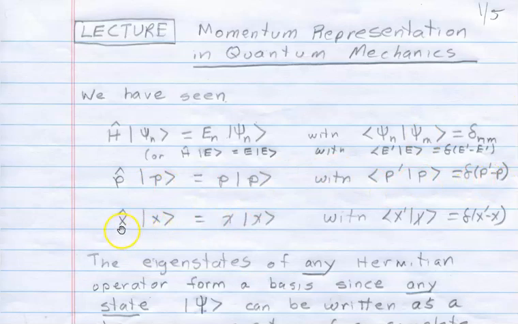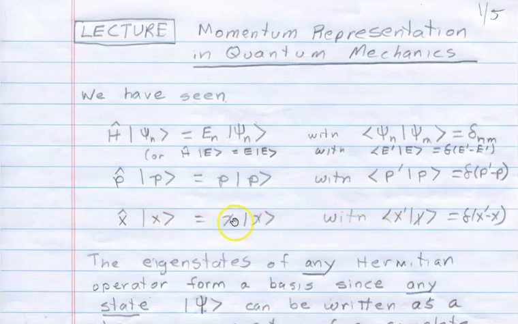And similarly, you can do the position operator. The position operator has eigenstates, which we generally represent by this. We sort of snuck them in, probably. And it simply gives the value of x for that state times the state back again, and so this would be the measured value that one would get for measuring the position of this particle in the state.